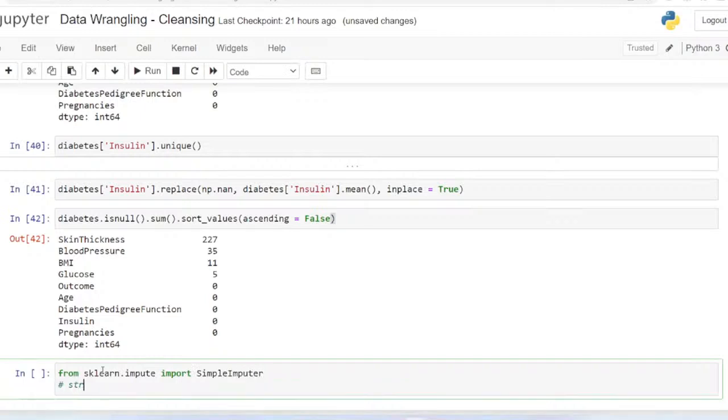In this case, we will take a strategy. Strategy could be mean, so you can simply write mean. You can also write median, and you can also write most_frequent.